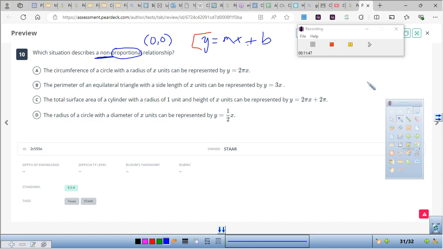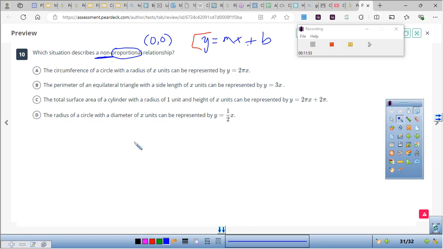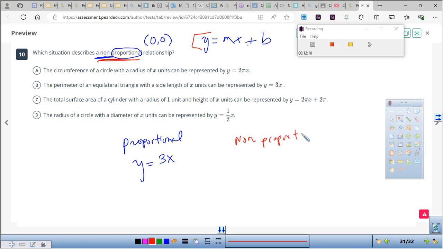So on that one real quick, let me just give you some heads up on that one. I don't know why I didn't say this in class. Proportional. If y is equal to, we'll go with 3x. Okay, non-proportional, which they're looking for here, is we're going to have y equals 3x plus 4.